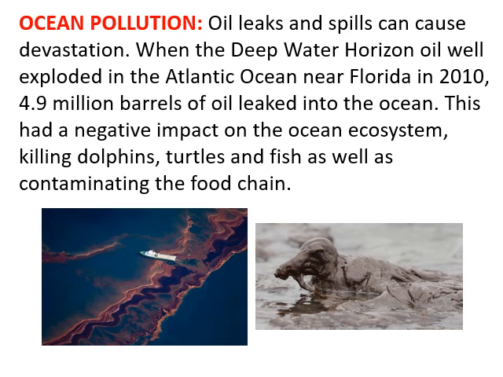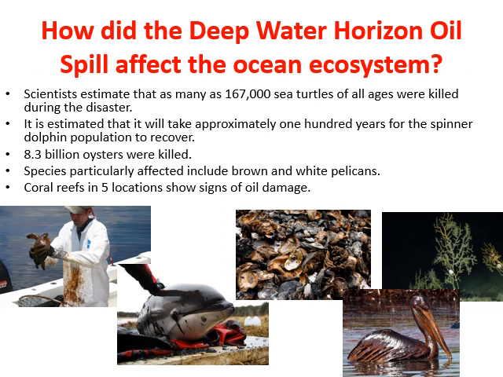So a huge amount of fish and seabirds, dolphins, turtles were killed, and then the oil obviously contaminated the entire ecosystem, washed up onto the beaches, filled up the ocean, sank to the bottom of the ocean floor, and had huge impacts. So there's just a few more images from that Deepwater Horizon oil spill.